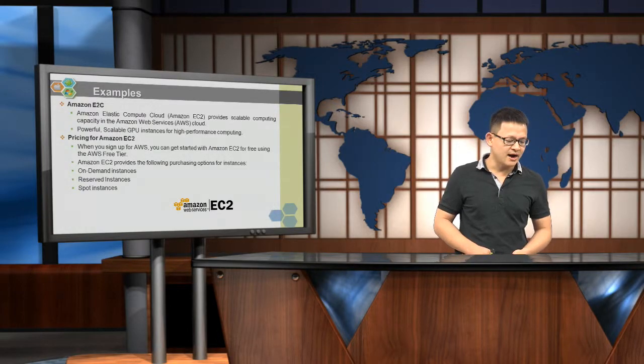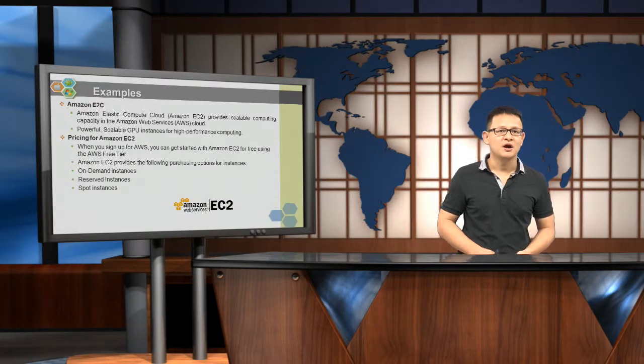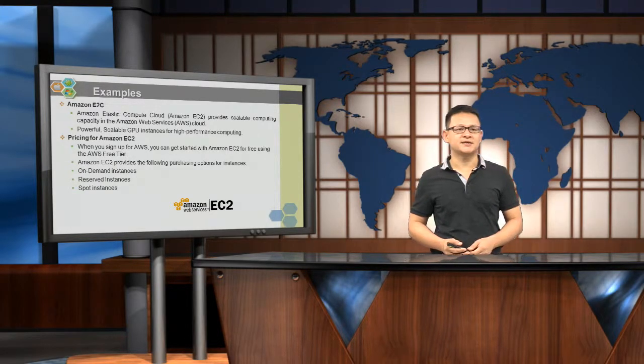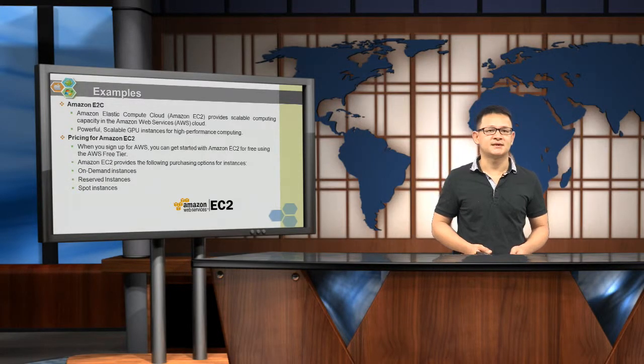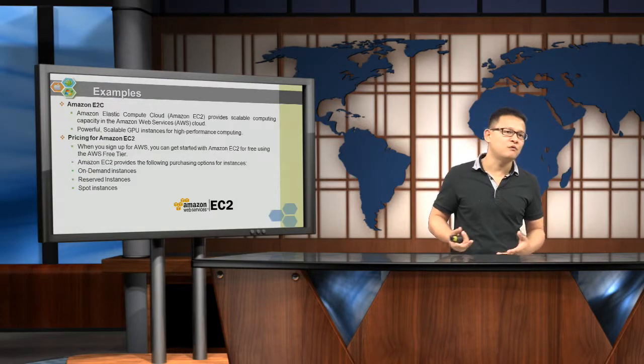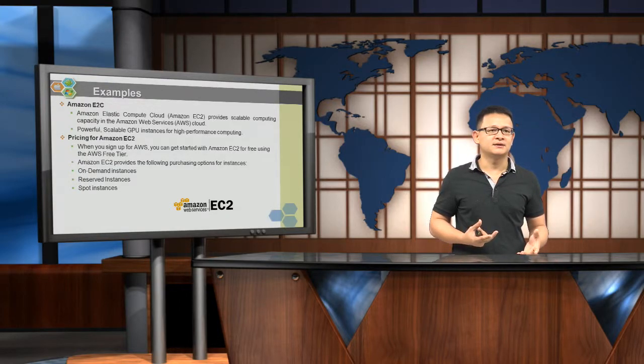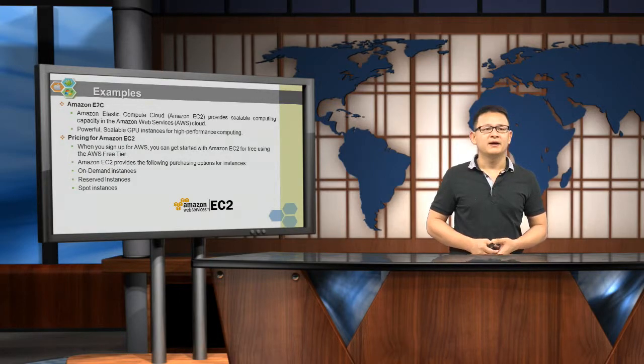Amazon Elastic Compute Cloud, or we call it Amazon EC2, provides scalable computing capacity in the Amazon Web Services cloud. It's very powerful. It provides you scalable GPU instances for high performance computing. And how about the price?